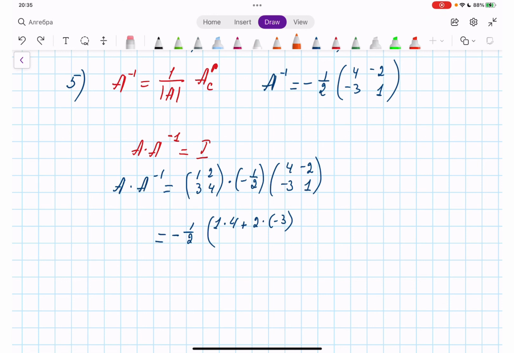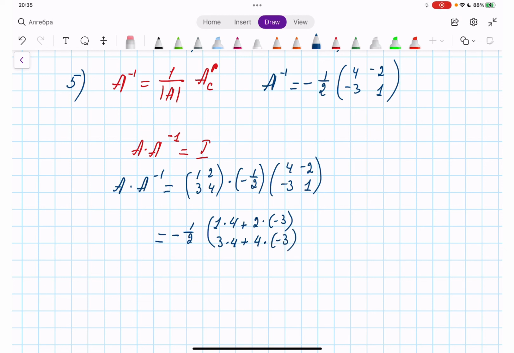Actually, no, it will be a mess. So it's going to be 3 times 4 plus 4 times negative 3.